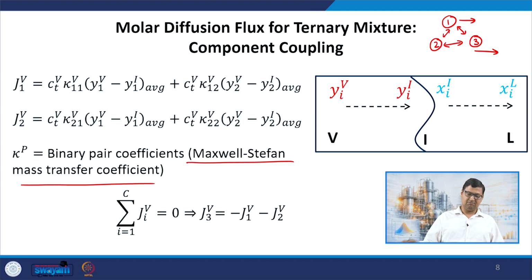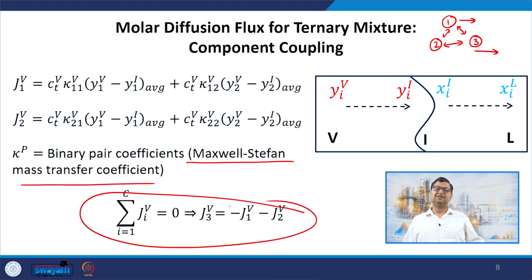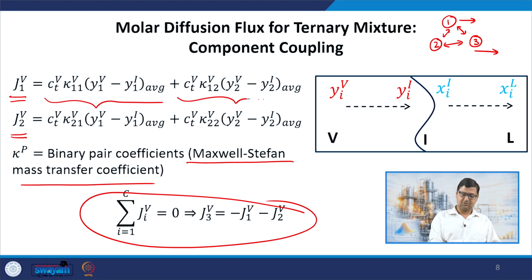So, here I am doing the same thing for basically a 3 component system, but we have defined it for 1 and 2. The third one I can get from the fact that the total sum of all the diffusive fluxes will still be 0, right? But if I do it for only component 1 and 2, you see now we have 2 terms for component 1 and 2.